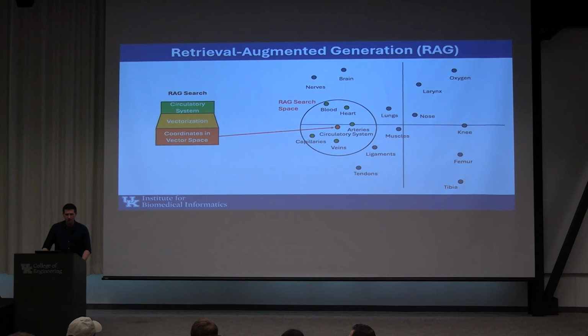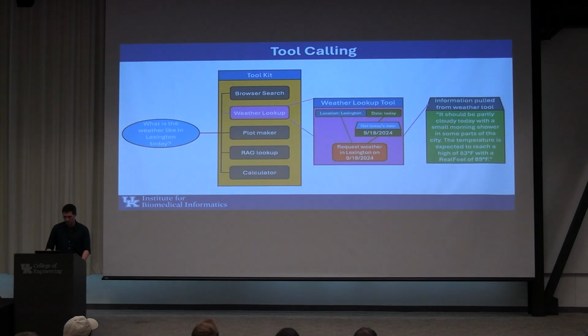The thing that I've learned most about working with LLMs for about a year now is that you can use LLMs for language processing. It works really well for understanding, like with tool calling. It can pull out the location and the date for this query and what the weather should be like today.